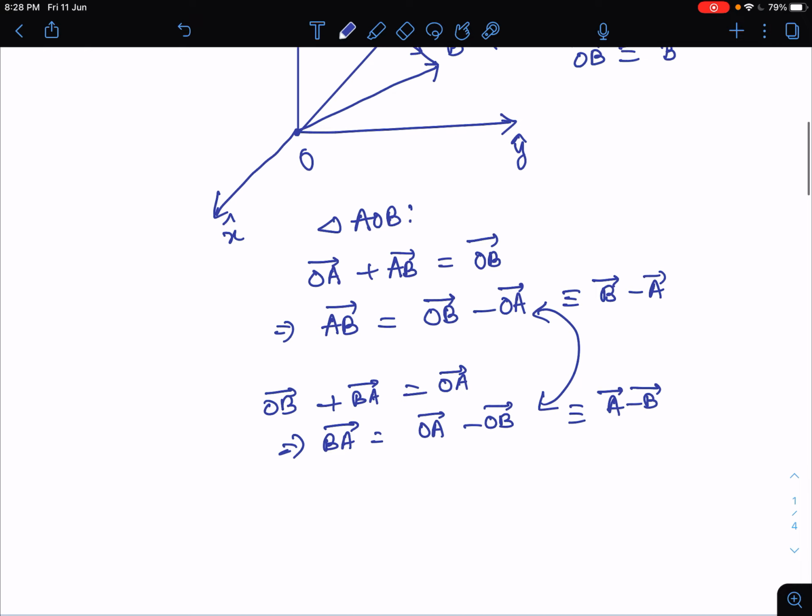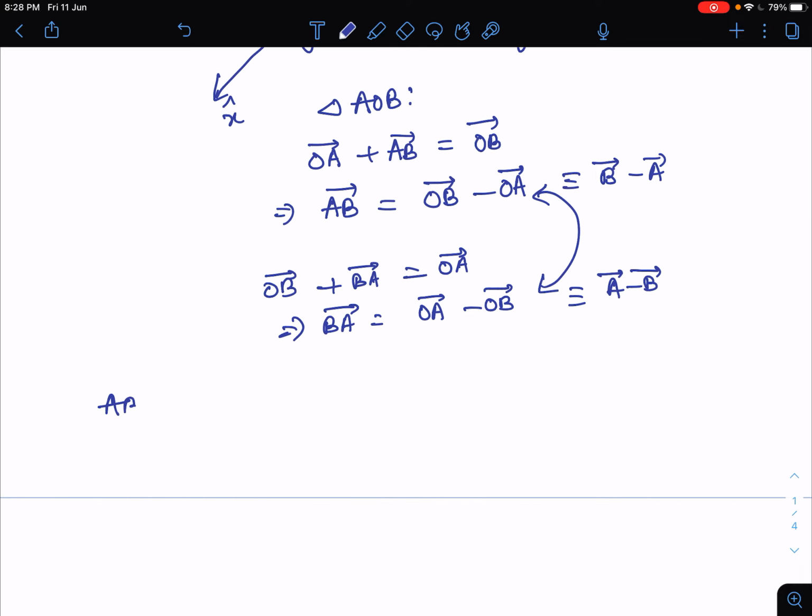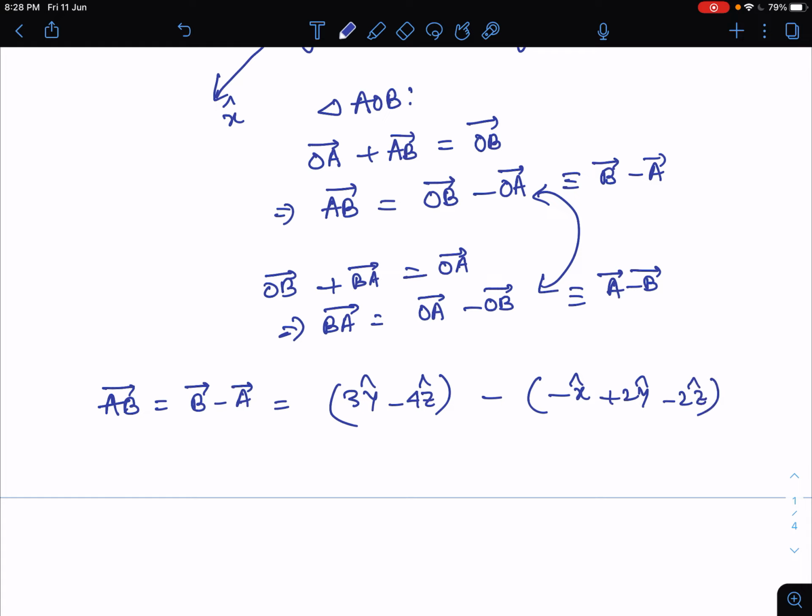Right? So now what is AB? AB is nothing but B minus A. So this is 3y minus 4z minus (minus x plus 2y minus 2z).